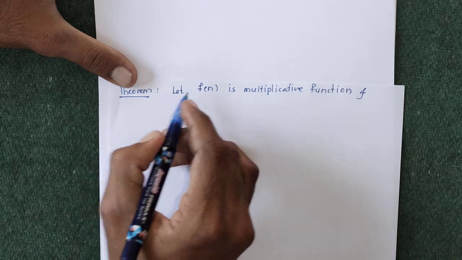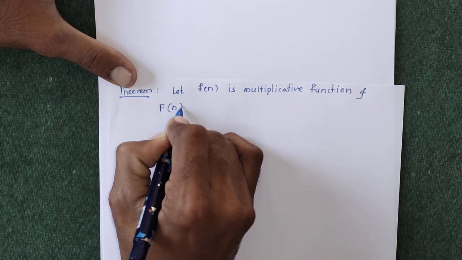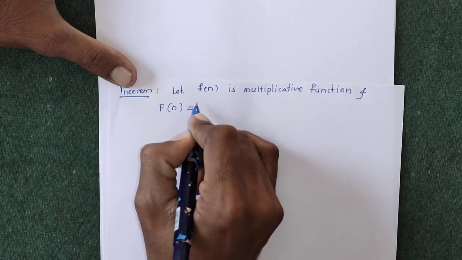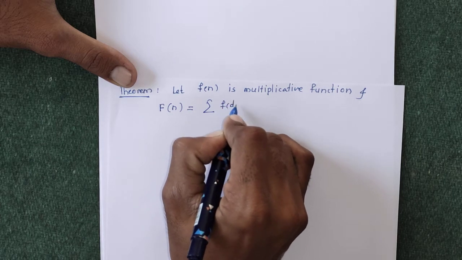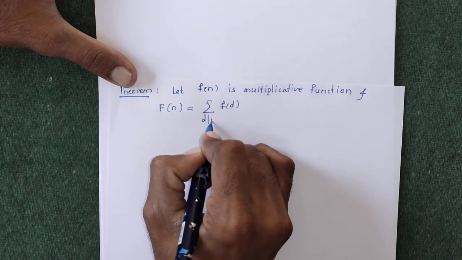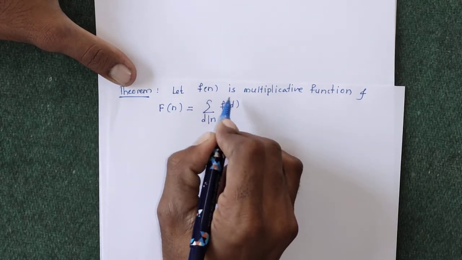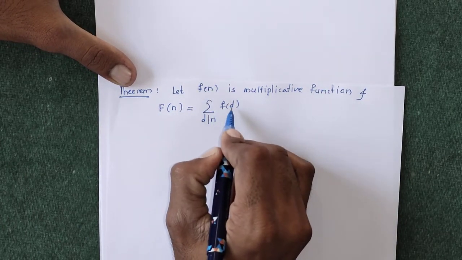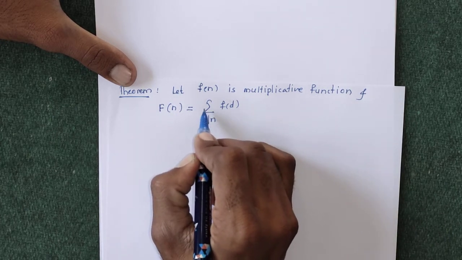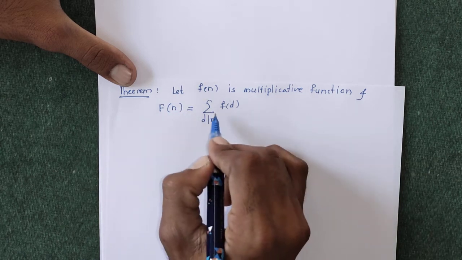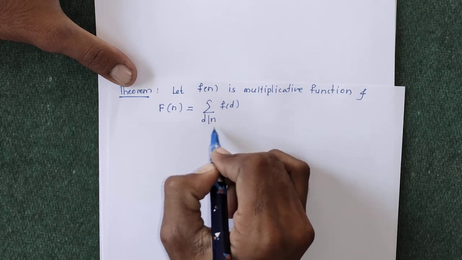And we are given the capital F of n, defined as the summation of small f of d, where d is a divisor of n. Here small f is a multiplicative function and capital F depends on small f, such that capital F of n is just the summation of f of d over divisors d of n.